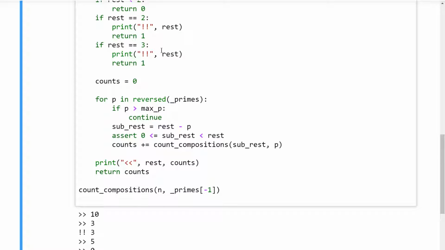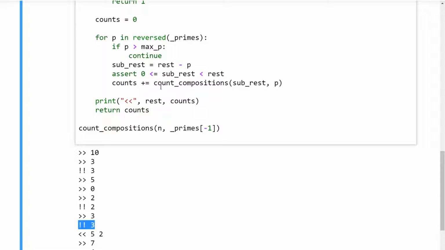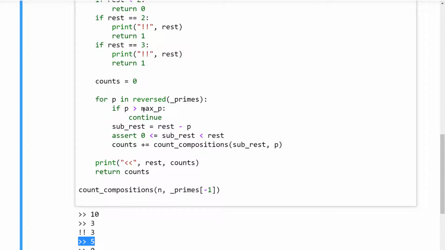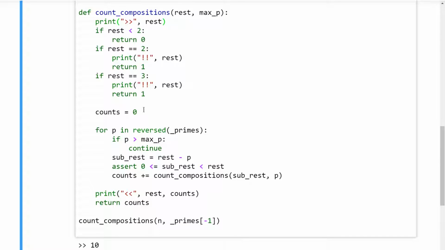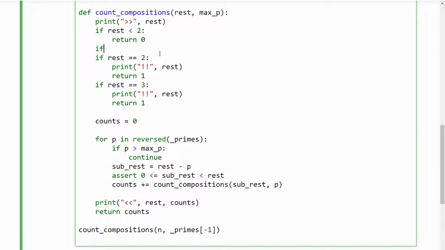Okay. We should be going down to 5. Okay, we're going down to 5. And we're looking at the prime 5. And that should be a 1. Okay. I guess if rest max p.